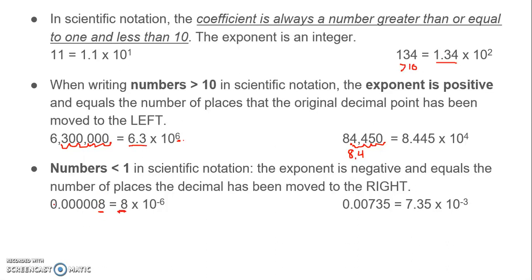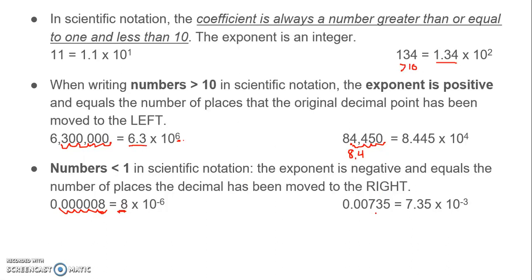Okay, from this decimal place, move to 8. So how many places has it been moved? Again, 1, 2, 3, 4, 5, 6. Okay, so 6 times. So this is 8 times 10 to the negative 6.